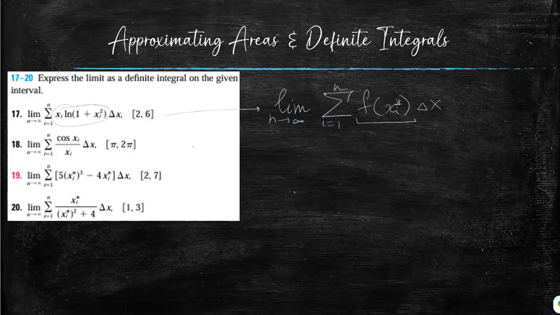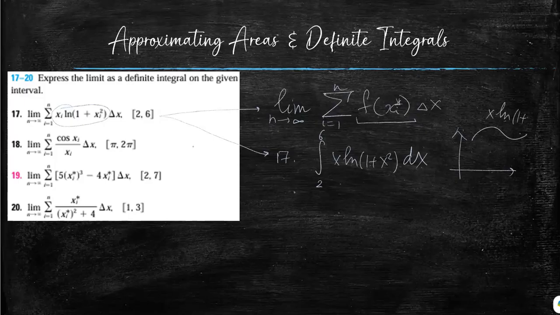So in question 17 we have the integral from 2 to 6 of x ln(1 plus x squared) dx. So we're looking for the area under the graph of whatever. I don't know what it looks like, but whatever it looks like, this Riemann sum represents the area from 2 to 6 under that graph.